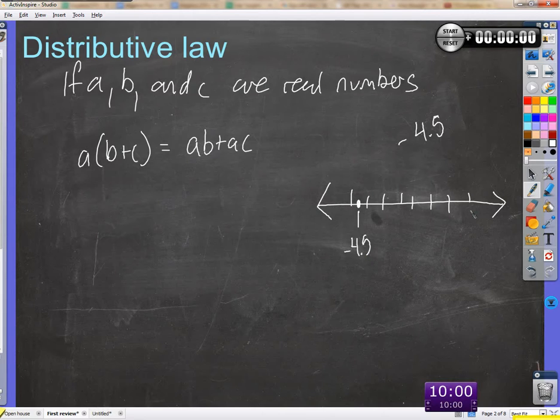No. What do you need? A 0. You've got to have some reference to scale. So 0, 1, 2, 3, 4 and a half. So there's 0 and negative 4.5. So when we start to do more graphs, we have to pay attention to scale. Scale has to make sense.